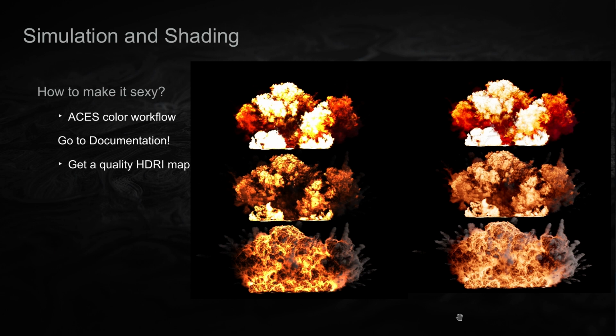I'm saying good quality because there is a big difference between HDRI maps, and a good quality one can give you really nice coloring on the smoke components of your explosions, especially when used with absorption color, which I will talk about on the shader.